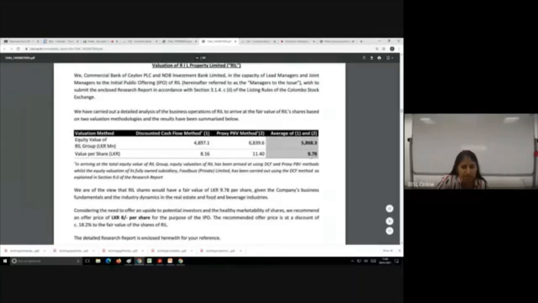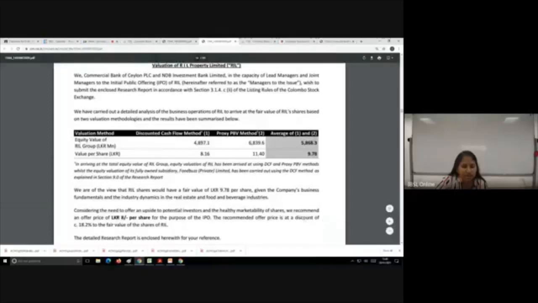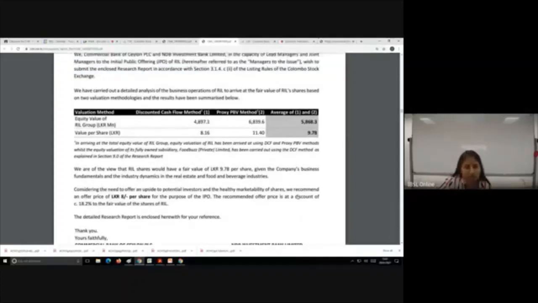But thinking of the potential upside, they need to have some kind of improvement for the investors as well. They have priced it at 8. We recommend an offer price of 8 rupees for the purpose of the IPO. It is at a discount. They are expecting the fair value to be of a higher value. So with a discount they are giving, people will subscribe more for this issue.